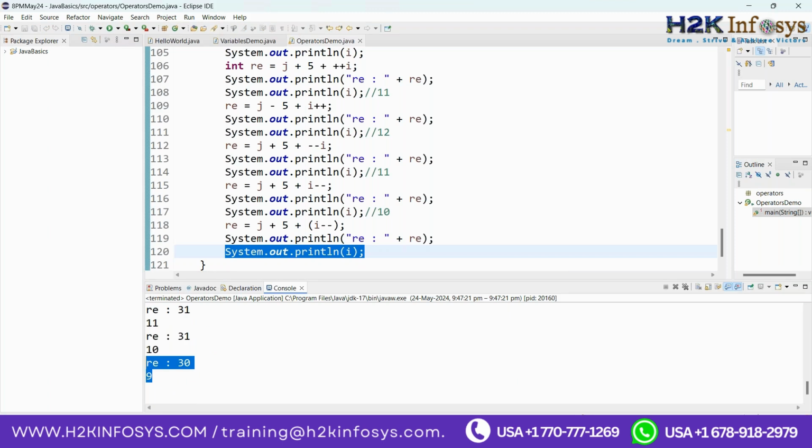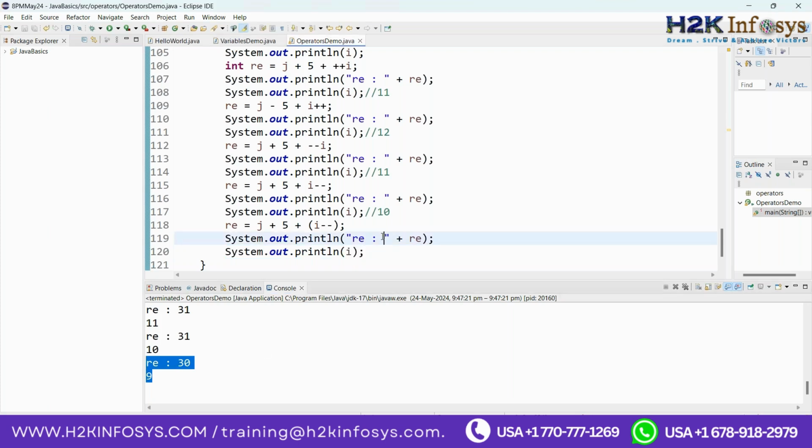The question is, why did the i value change only by 1, from 10 to 9? I minus minus means i equals i minus 1.